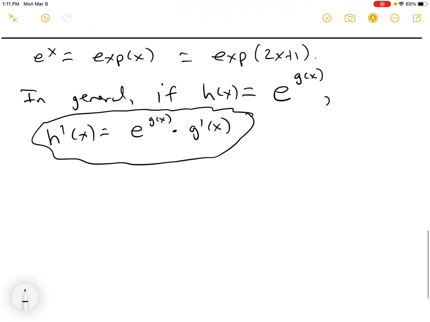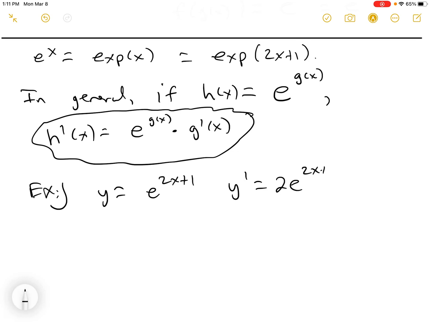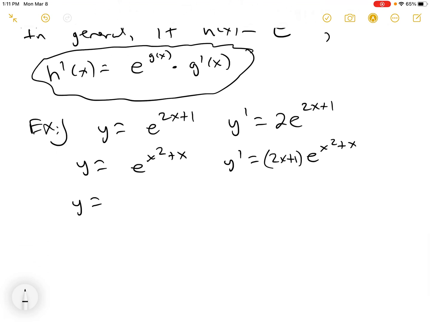So for example, if y is equal to e to the 2x plus 1, y prime is 2 times e to the 2x plus 1. If y equals e to the x squared plus x, then y prime is equal to e to the x squared plus x times 2x plus 1, right? If y equals e to the sine x, then y prime is equal to e to the sine x with the derivative of the sine, which is cosine, out in front.